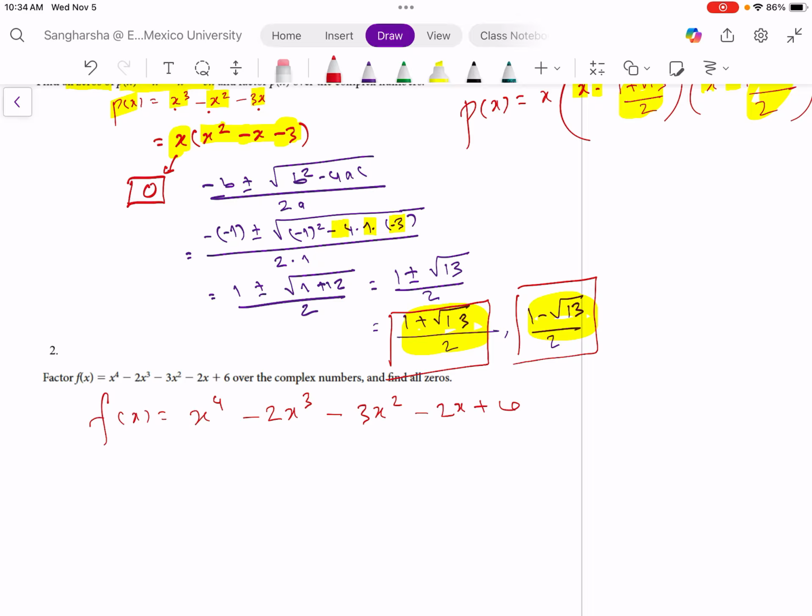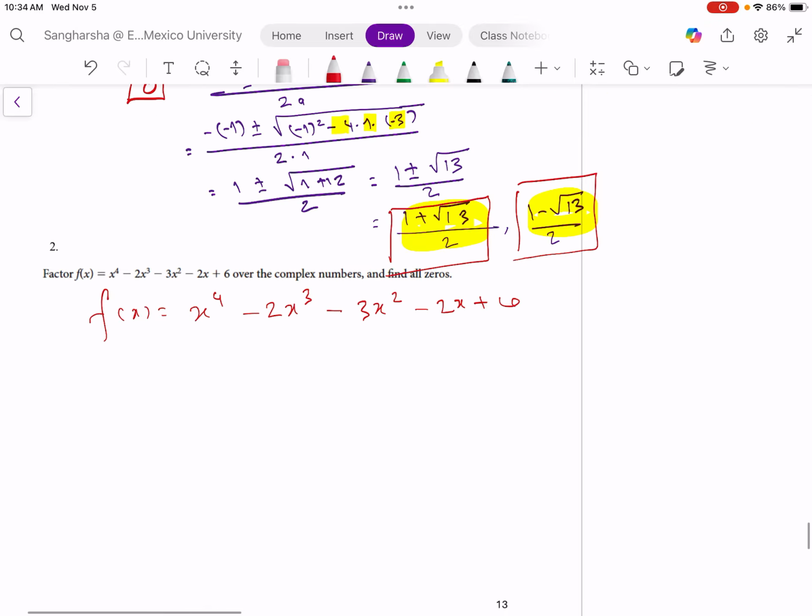If we have at least one zero, it's going to be easy, right? Now how do we find the real zeros? Using the definition of a rational zero. So let's find rational zeros first. A rational zero is p over q. What is p? p is every factor of the constant 6.